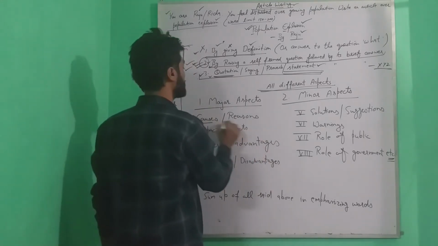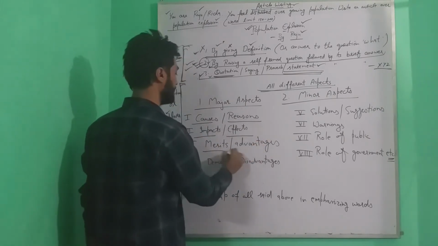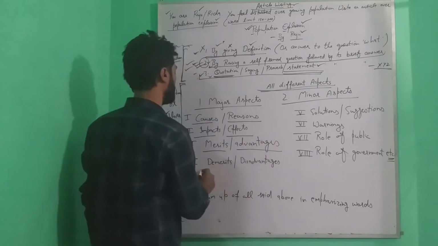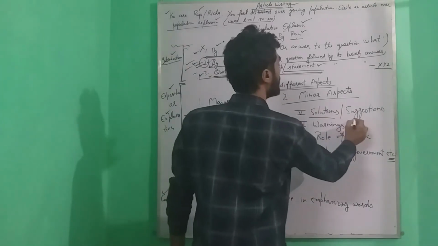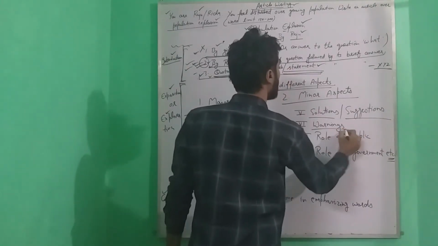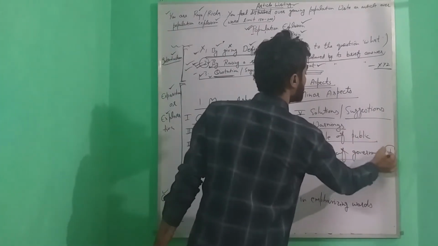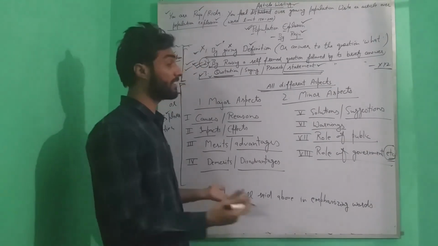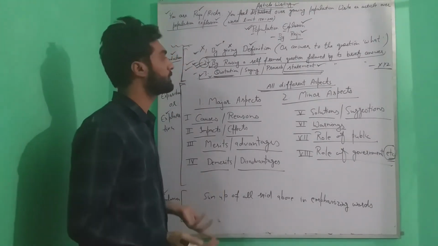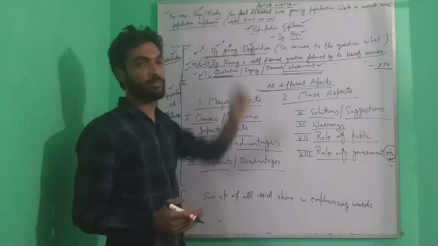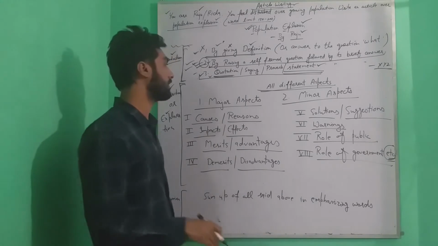First is causes or reasons, impacts or effects, merits or advantages, demerits or disadvantages, solutions or suggestions, warnings, role of public, role of government, etc. Etc. means there can be many more aspects related to the particular title or topic that we have got for writing an article on.